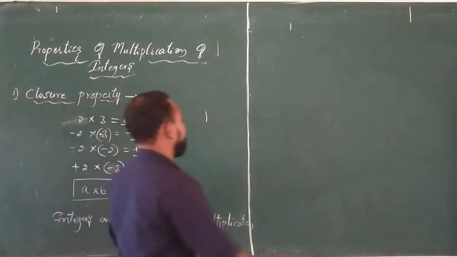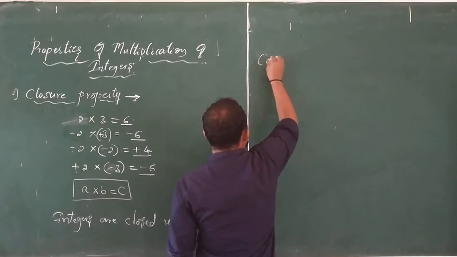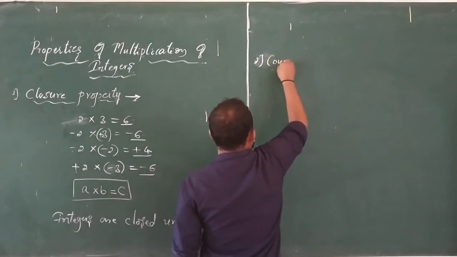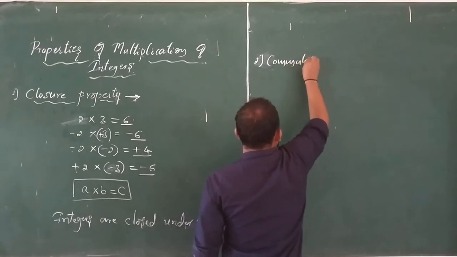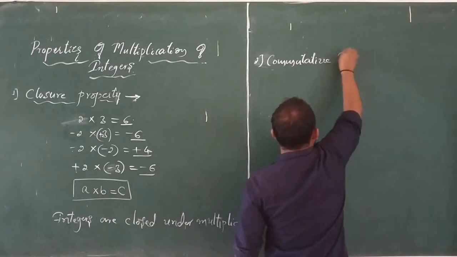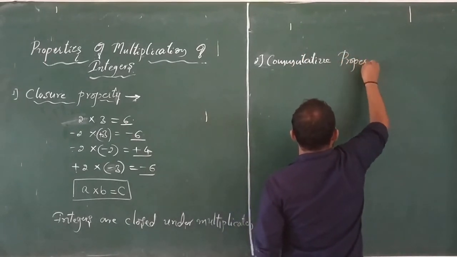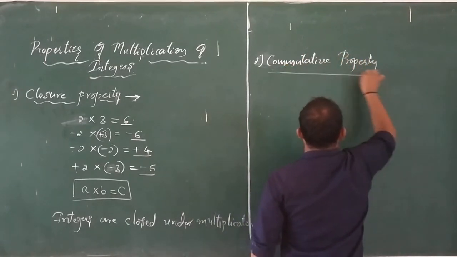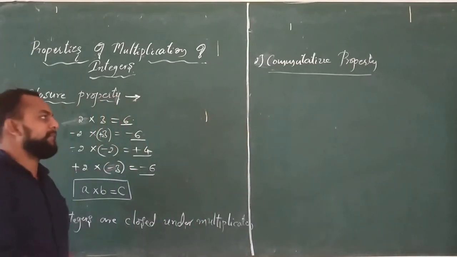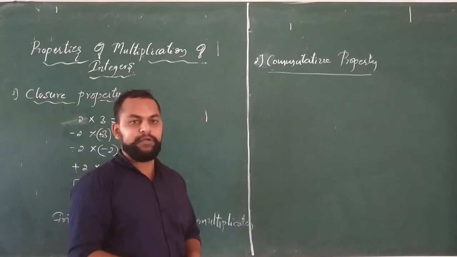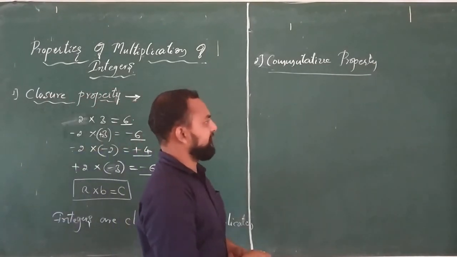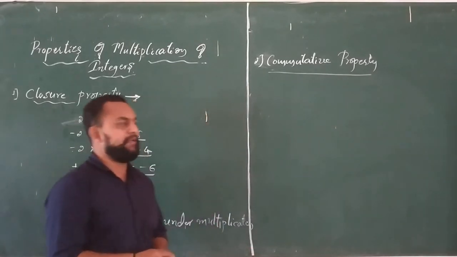The next one is the commutative property. The second property is the commutative property. The rule of commutative property under addition is a plus b is equal to b plus a. We can add integers in any order, we get the same value.